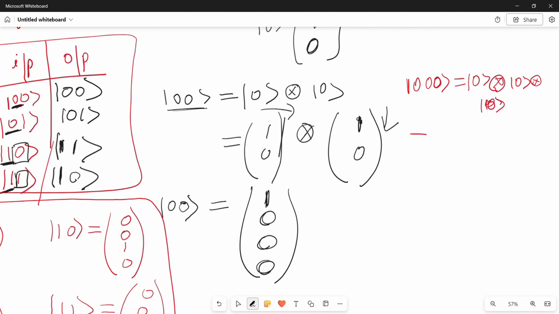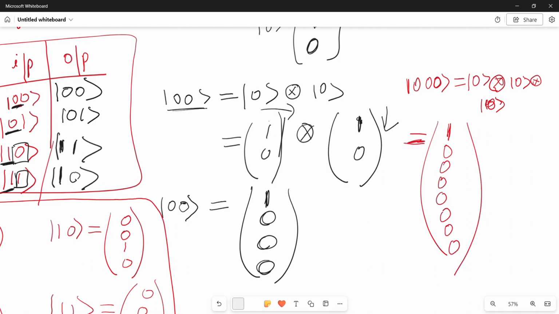This is how it looks. When you calculate this matrix, it would come like this: 1 and then 1 2 3 4 5 6 7. So 8 terms would be there, and all are 0 except the first one, which would be 1 for triple 0. Likewise, you will get 8 different values.